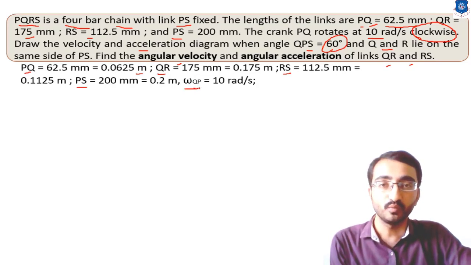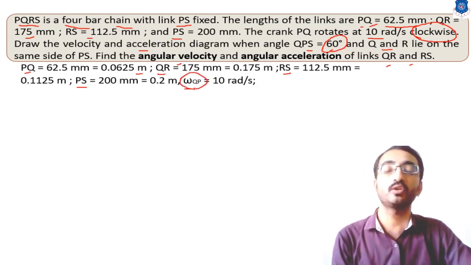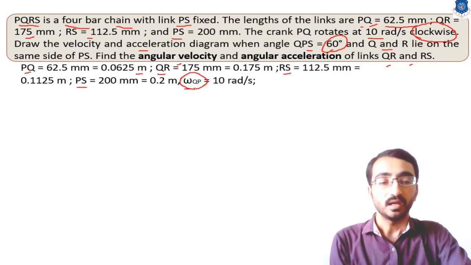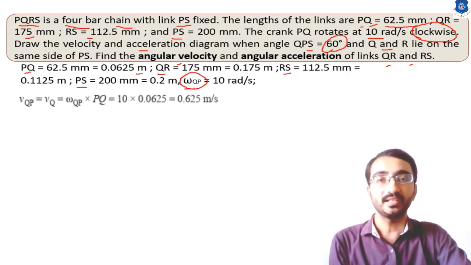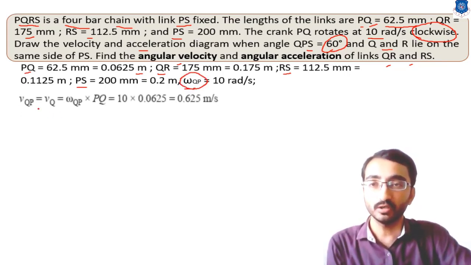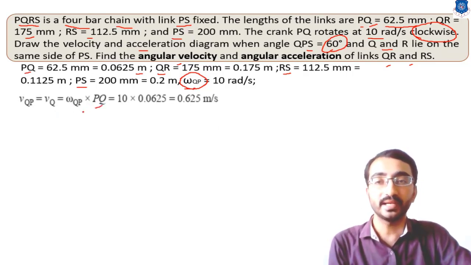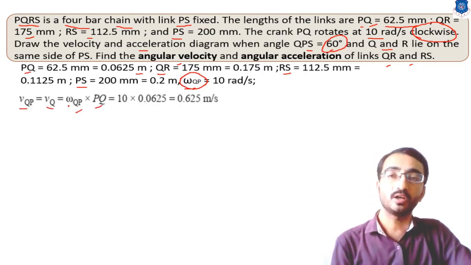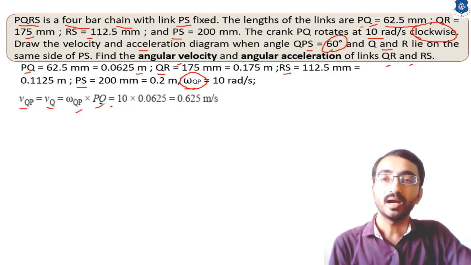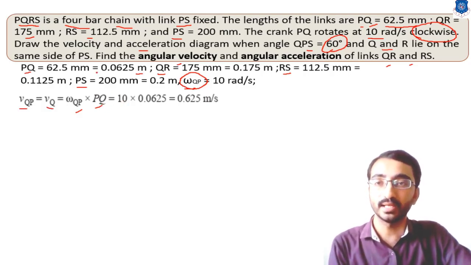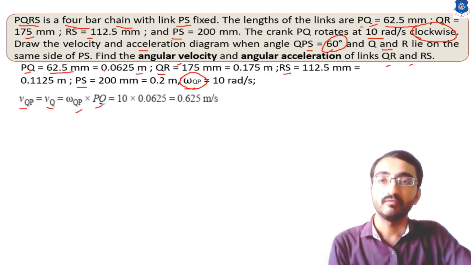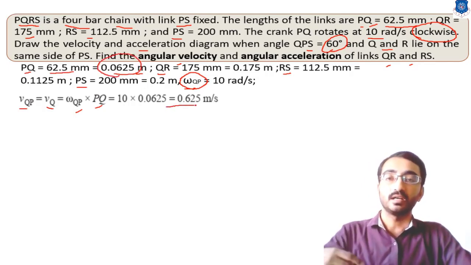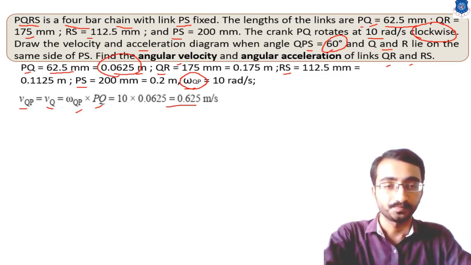From the angular velocity we can calculate the linear velocity, because we have the simple relation v is equal to r into omega. So the velocity of link Q is equal to omega into r, that is the PQ length, which is 62.5 mm, in meters 0.0625. So we will get the linear velocity of link PQ.